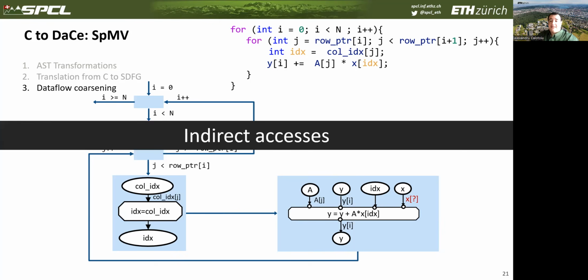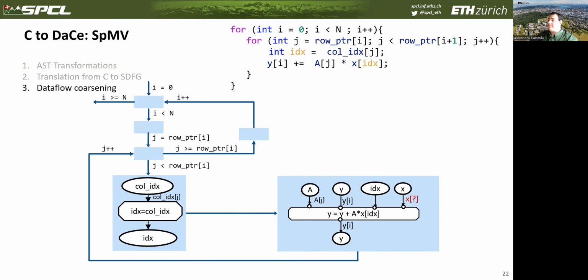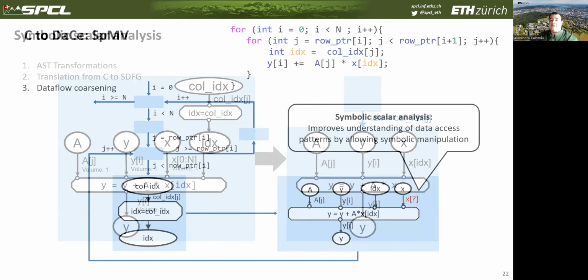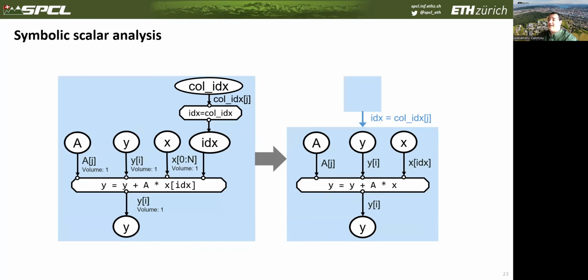Again, the first thing that we have to figure out is how to handle that indirect access. What we do in this case is introduce the concept of symbolic scalar analysis, which improves our understanding of data access patterns by allowing symbolic manipulation of them.